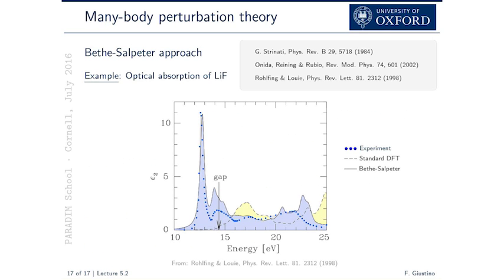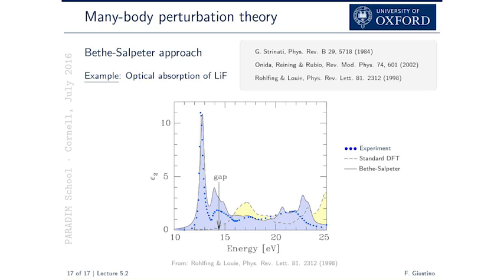So maybe we can skip this thing, which is a bit technical, and I can show you one example. What you see here is lithium fluoride, a typical example. The yellow is a DFT calculation of the optical absorption, okay, and the gray is the experimental absorption spectrum. This is a very common example, which is used as a prototype to show how these things function.